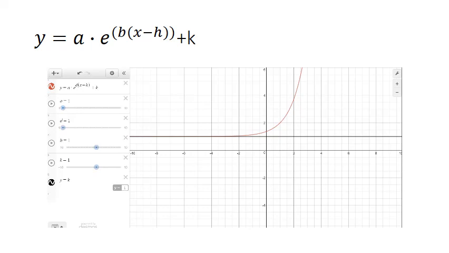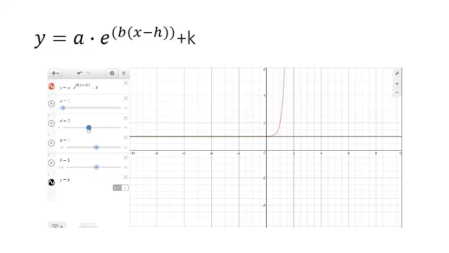Now let's see what happens with this value that we're multiplying with the x. So as that value gets larger, notice that it's actually pushing the graph further in. So as that value gets larger, it's a horizontal compression.